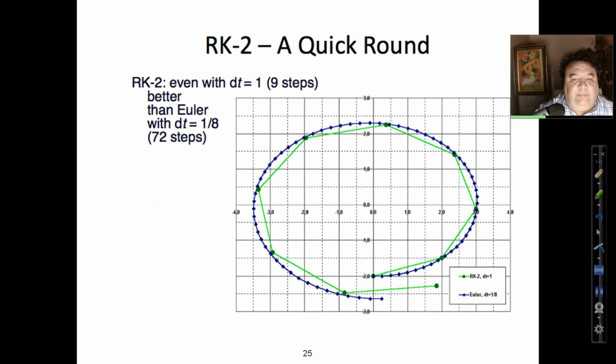So a quick comparison of equivalent quality between second order Runge-Kutta versus Euler, and we see that to achieve similar quality, basically every single step of the Runge-Kutta requires effectively 8 steps of the Euler.